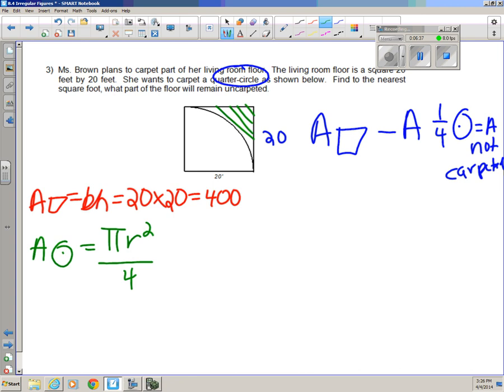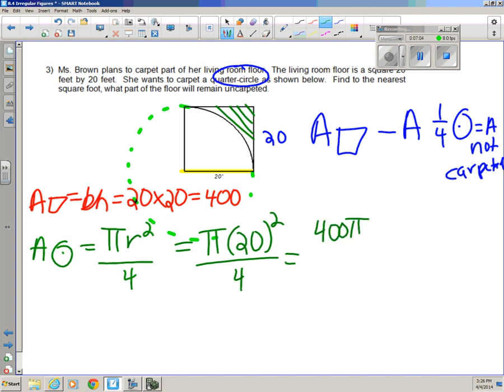Now remember, you kind of have to visualize this, but if you're dealing with a quarter of the circle, the radius of the circle is in fact just this 20. So it becomes pi 20 squared divided by 4, which becomes 400 pi divided by 4, which is just 100 pi.